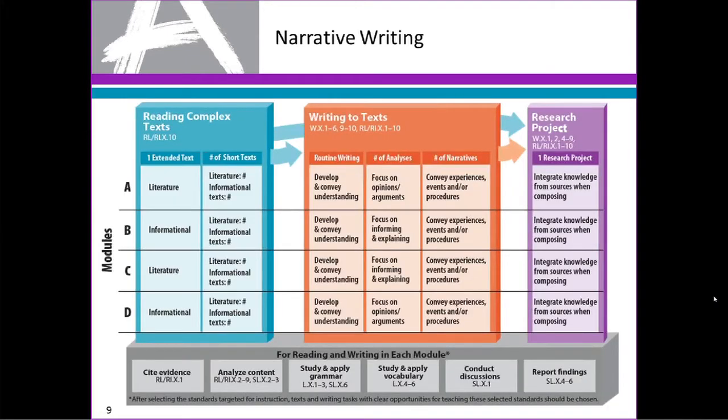So you'll notice here, for those of you who may remember, that in the old version of this chart, writing narratives was off to the right of the research project, sort of standing there by itself, looking rather lonesome. And so the feedback that came in is pull it in.